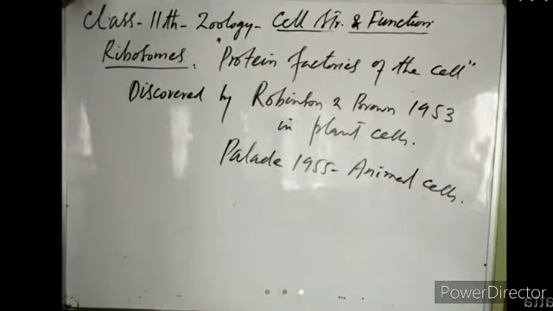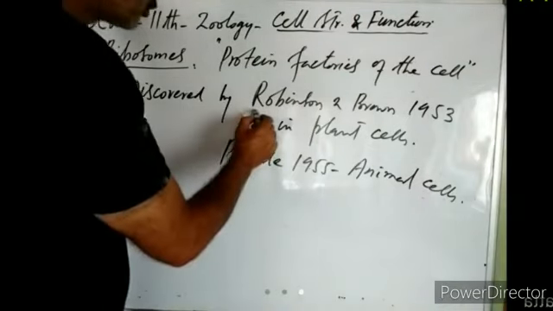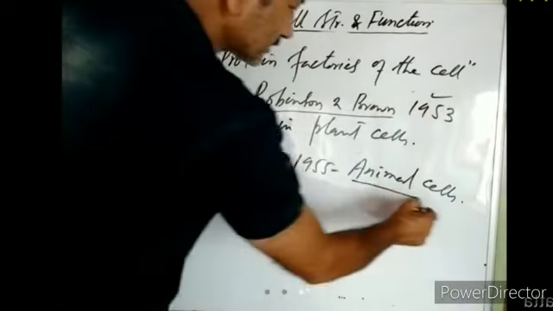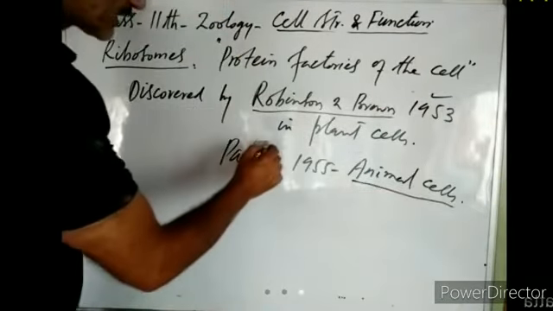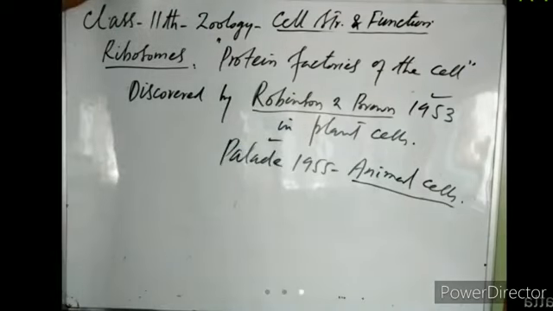So they were independently discovered in plant cells and animal cells. In plant cells, ribosomes were discovered by Robinson and Brown in 1953. In animal cells, they were discovered by Palade in 1955.